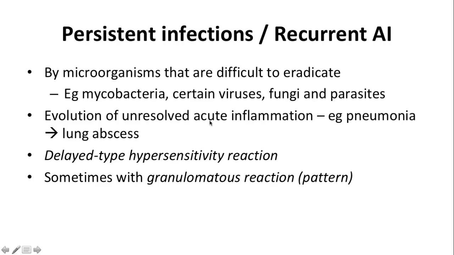And in terms of persistent inflammation, there may be evolution of unresolved acute inflammation, for example, an acute pneumonia which progressed to form a lung abscess. Okay, so this is also an example of a persistent infection or persistent injury. Often this takes the form of a delayed type hypersensitivity reaction, and sometimes you can get a granulomatous reaction pattern.